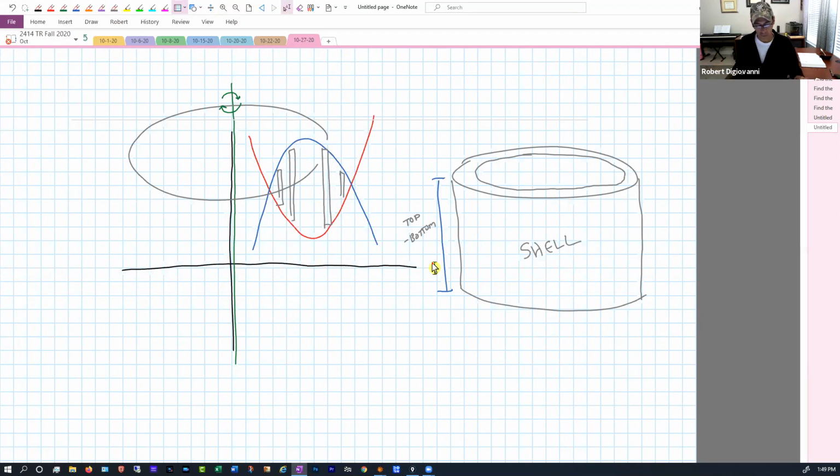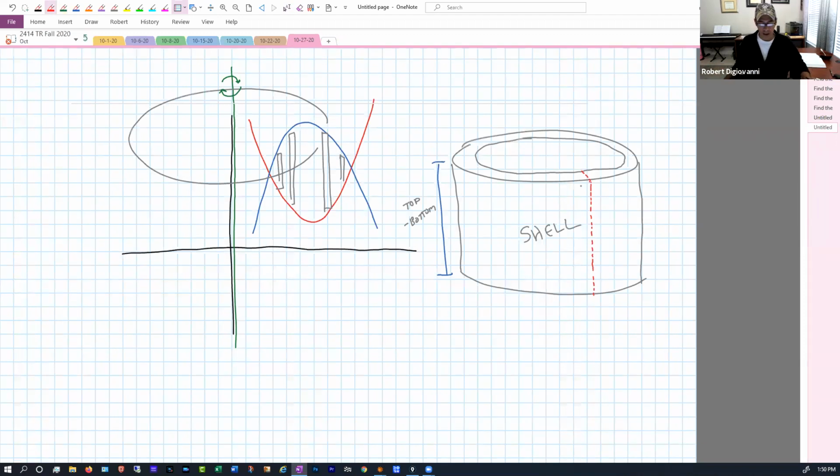Okay. Well, that helps a little bit, but it doesn't really help me get the volume, because to do the volume, don't I need like an inner radius and outer radius? Right? Okay, so we're gonna do something clever here. Imagine that if you could cut this shell and lay it out flat.